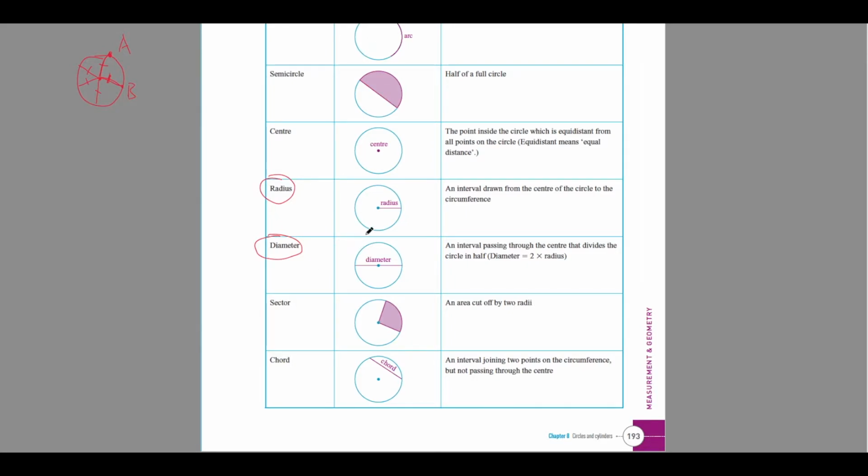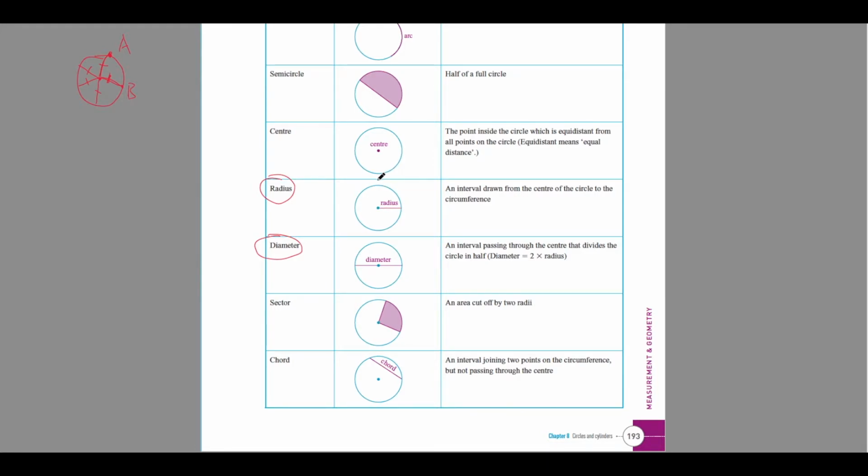And for those of you that are more curious, a diameter is 2 times the length of the radius, which makes sense, right? Because radius is the line drawn from the center to the circumference. So to draw a diameter, you basically just have to extend this line. So then the diameter is just going to be 2 times the length of the radius.